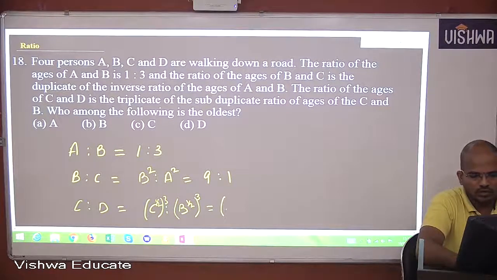So this is root 9 whole cube, root 1 whole cube. This is 27:1.